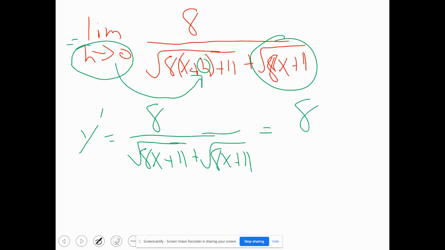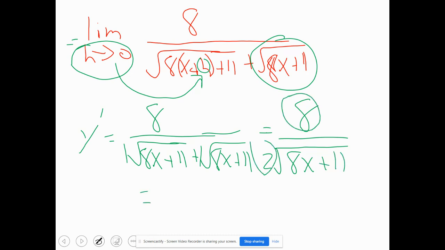Which leaves me with 8 over the square root, well, I've got one of them here plus one more, 2 square root of 8x plus 11. Or in other words, because I can reduce the 8 and the 2, 4 over the square root of 8x plus 11. Wait till you learn the shortcut to this one next year. You're going to love it.